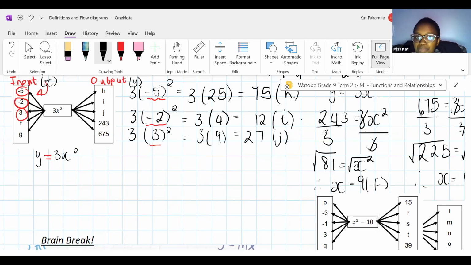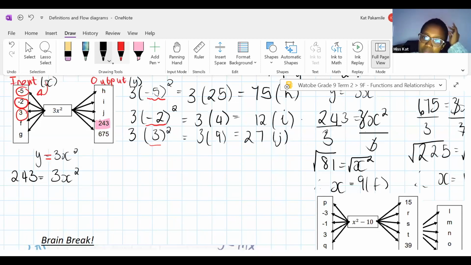Y. Why? Because they gave us what it is, right? So you say 243. You know it's 243 because they told you it's 243. Do you see it there? Yes, ma'am. Equals 3x squared. And now we have to solve for x.